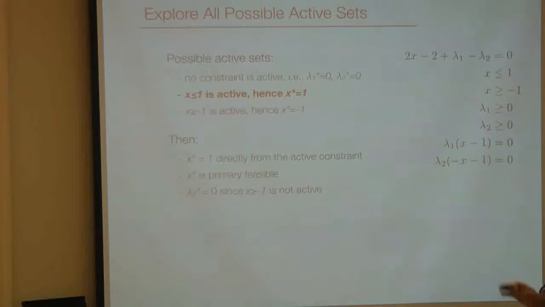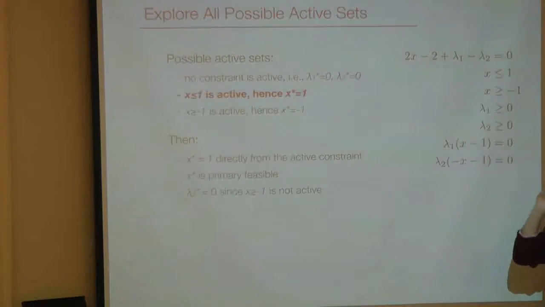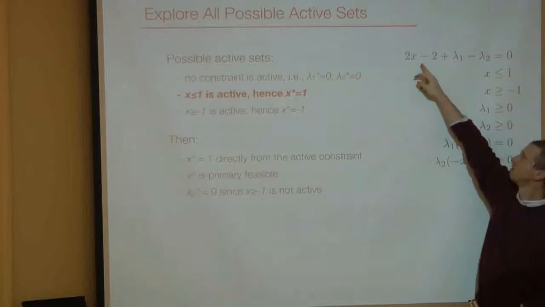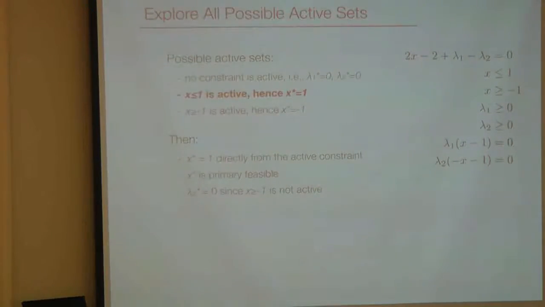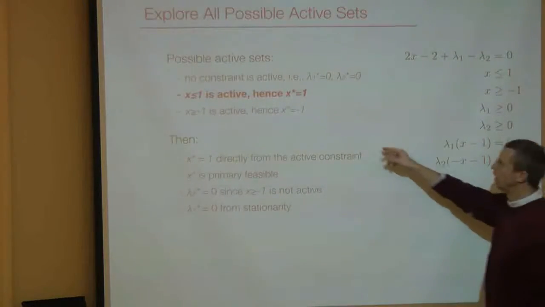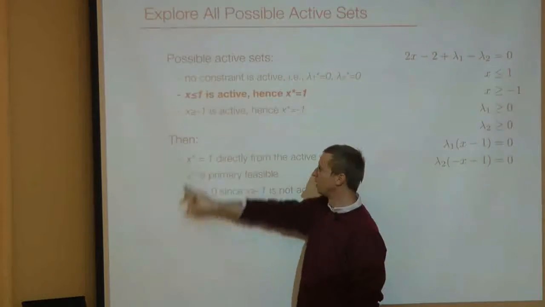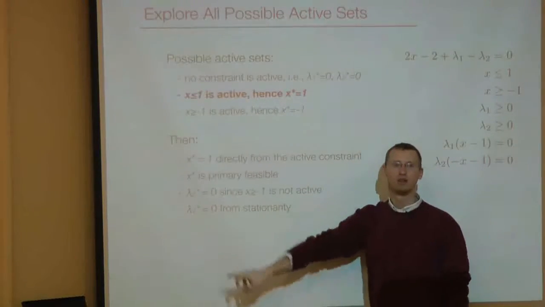So now we are only looking for the value of lambda 1. We need one condition, so we can use stationarity. We know x, we know lambda 2, we can compute what lambda 1 is. So from stationarity, we will find out that lambda 1 is equal to 0. And here you can see that really we are assuming this constraint is active, but the corresponding lambda is 0.